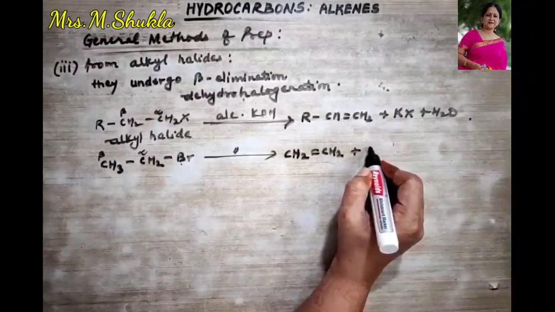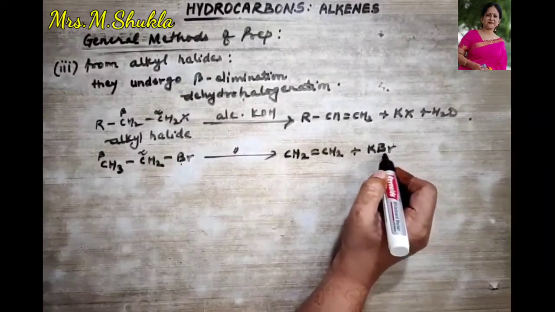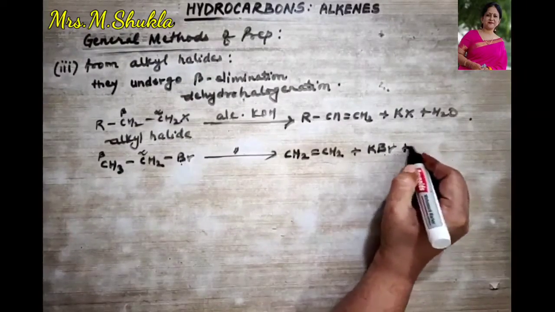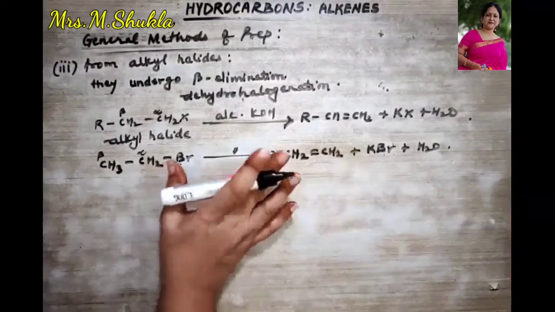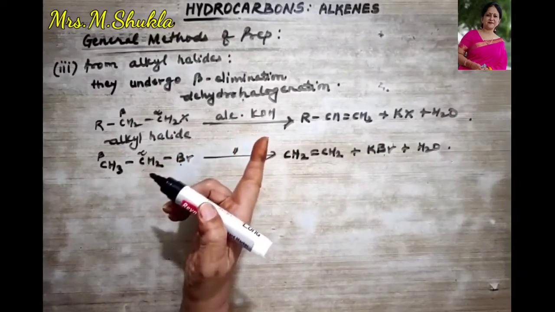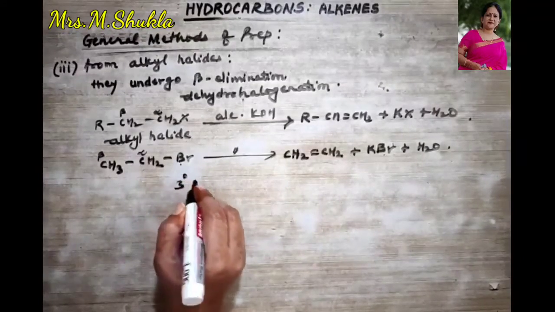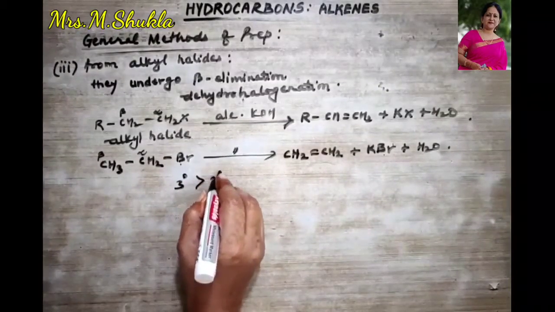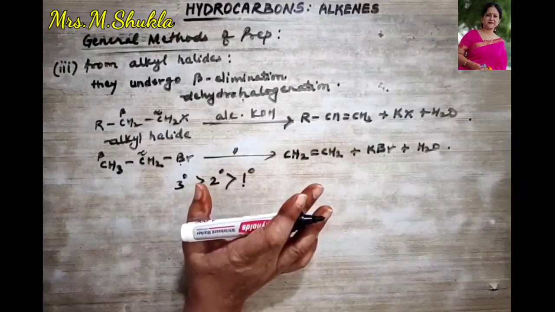This potassium will combine with bromine to form potassium bromide and water will be given out. So for a given halogen atom, remember the ease of dehydrohalogenation is like this: tertiary is more than secondary, and least is that for primary compounds.